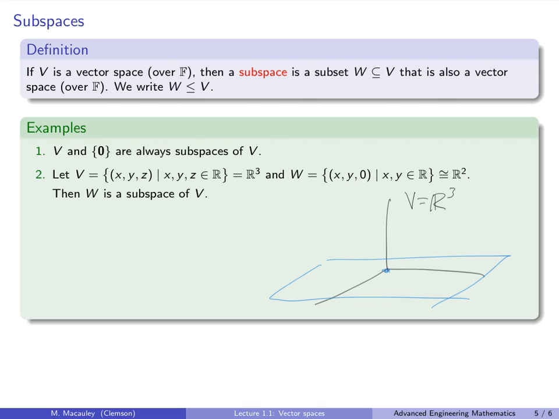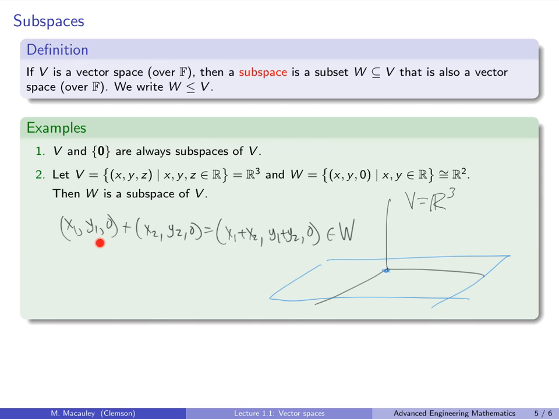So it's geometrically obvious, but if you want to prove it rigorously, you have to say that you take x1, y1, and 0, and add it to x2, y2, and 0, and you get x1 plus x2, y1 plus y2, and 0, and that is in the set W. So this symbol means in.